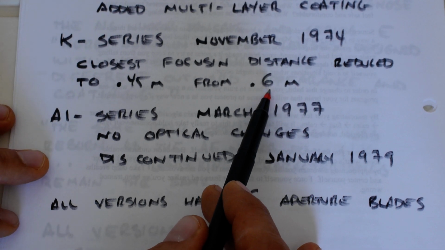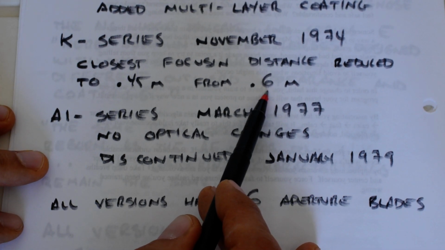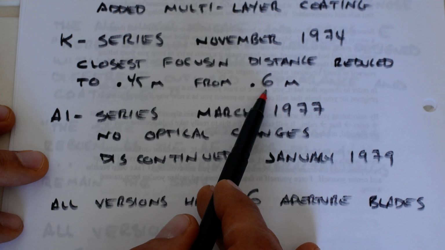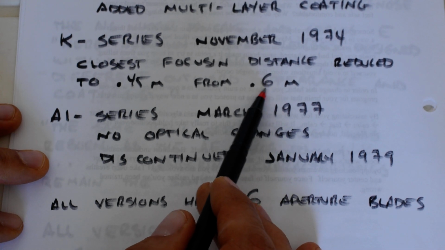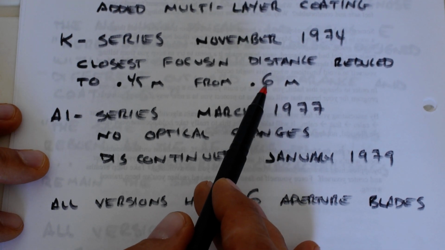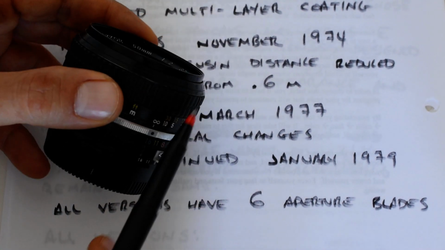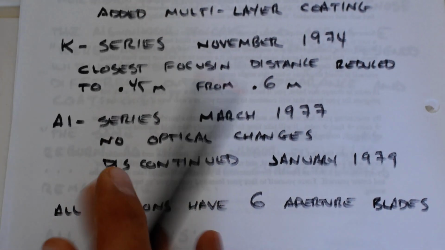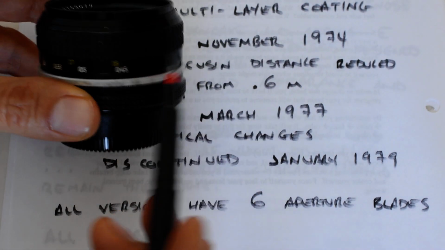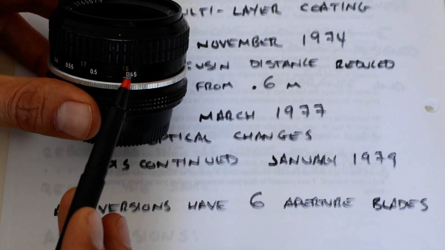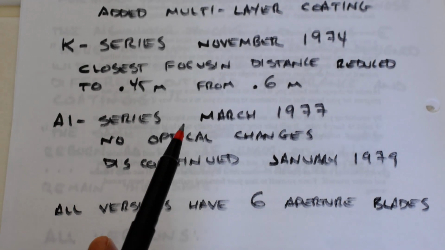So if you have a 50mm f2 with scalloped metal focusing rings, then its close focusing distance is 0.6 meter, whereas the ones with the rubber focusing rings, like this, have a closest focusing distance of, there you see it, 0.45.